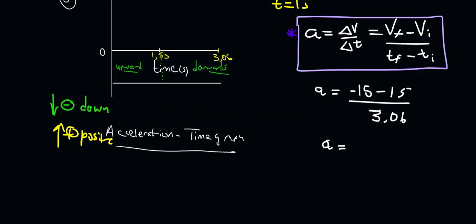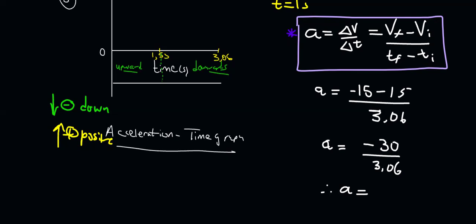Then you take your calculator and punch: negative 30 divided by 3,06. We are getting negative 9.8. I'm happy seeing negative 9.8 because it's acceleration again.